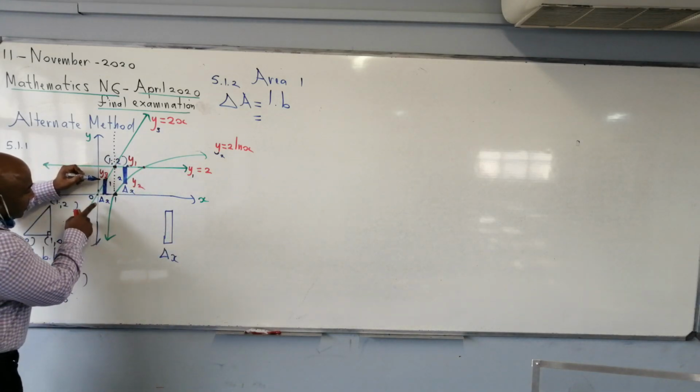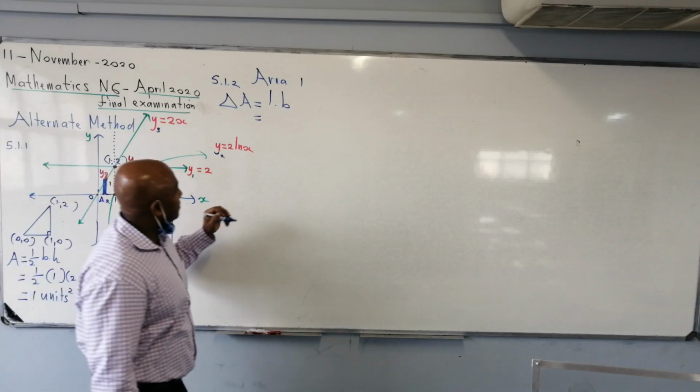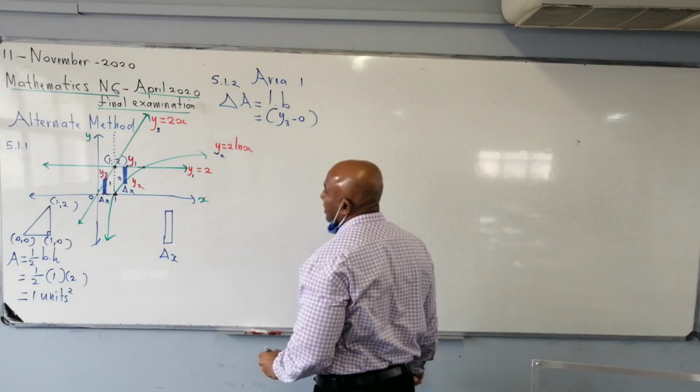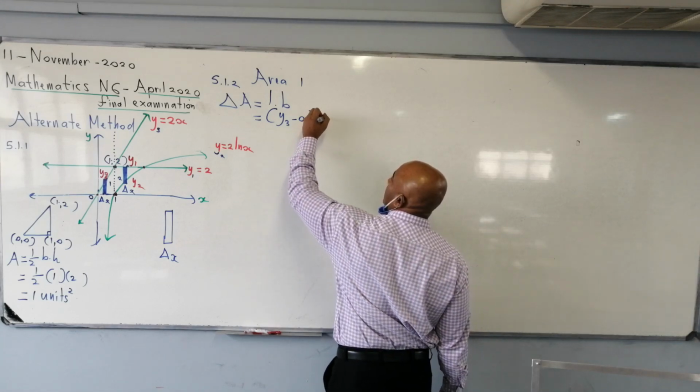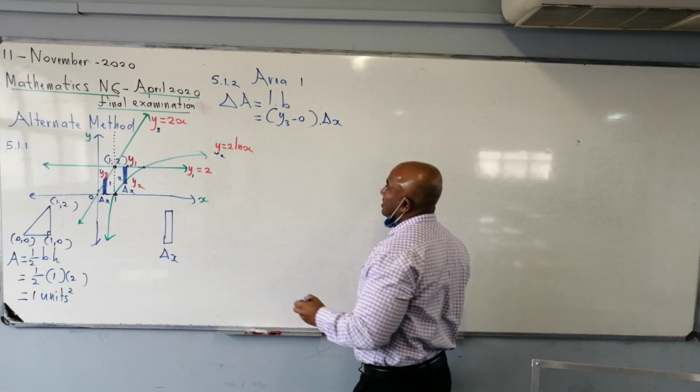So let's go to our diagram. The length is from here to here, so it's y3 minus 0. That is the length, and the breadth is delta x.